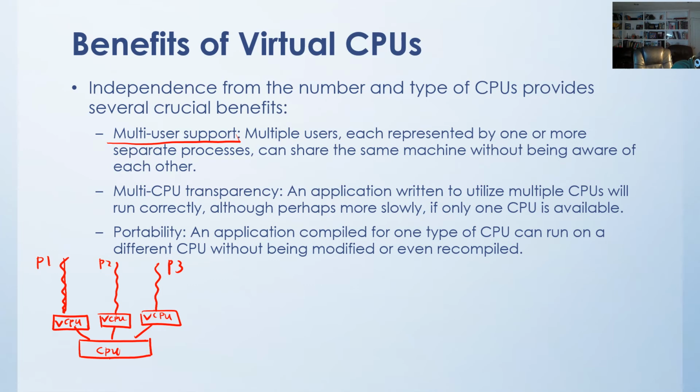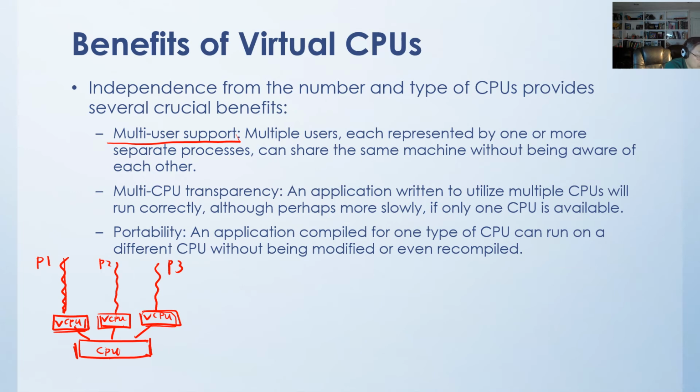Now, each virtual CPU uses a fraction of the underlying physical CPU power. So let's assume the first virtual CPU only uses 1/3 of the CPU power, this one uses 1/3 of the CPU power, and so on. Then process 1 running on virtual CPU 1 can create the illusion that it is running on its own CPU with only 1/3 of the power of the physical CPU.